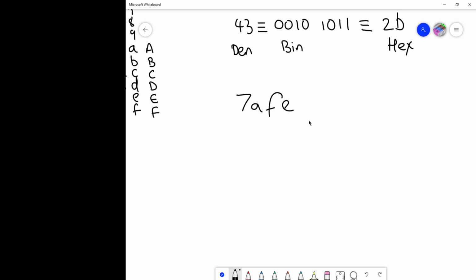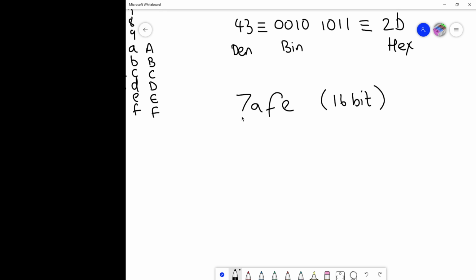How many bits for each hex digit? Did I just say? 4. So if we've got 4 hex digits, yeah, 16. So this is going to be a 16-bit value. I got ahead of myself. Because each hex digit is 4 bits.